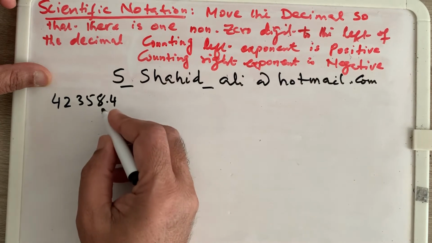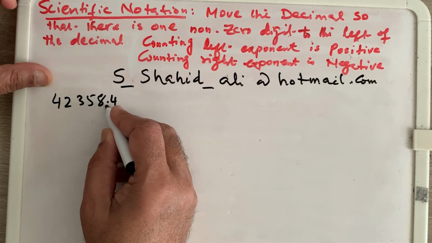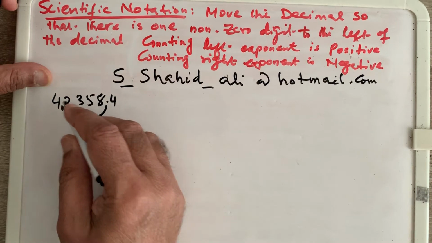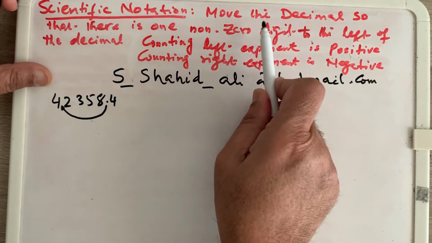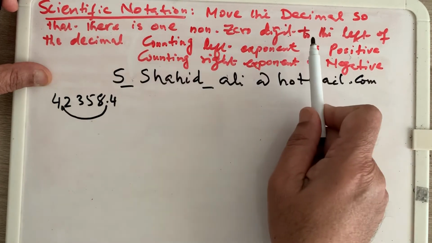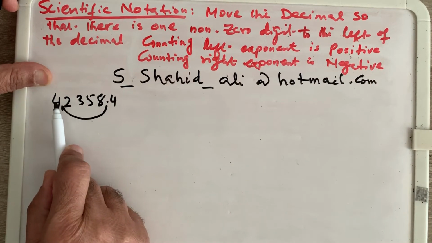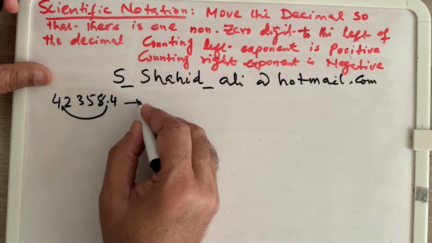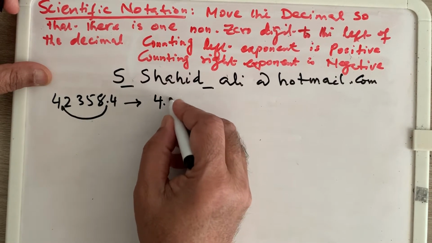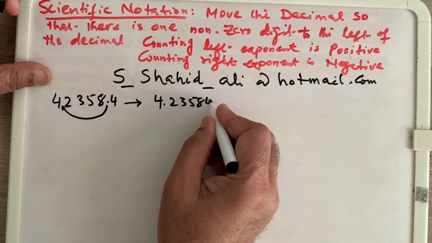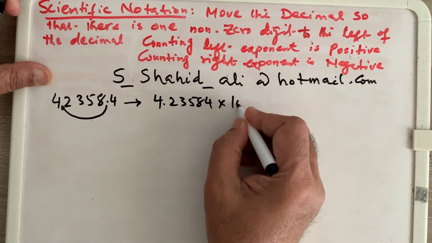And the rule is that I have to shift this decimal here. Why here? Because we have to move the decimal so that there is one non-zero digit to the left of the decimal. So I have to keep one digit to the left of the decimal. Therefore, I will write 4.23584 times 10 to the power.